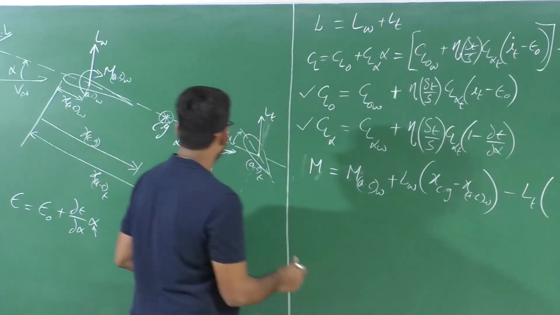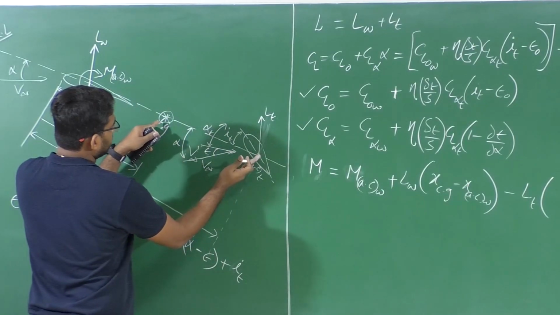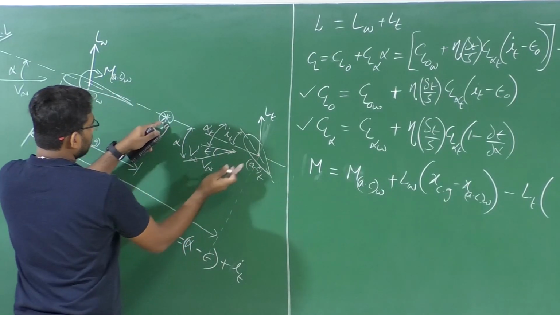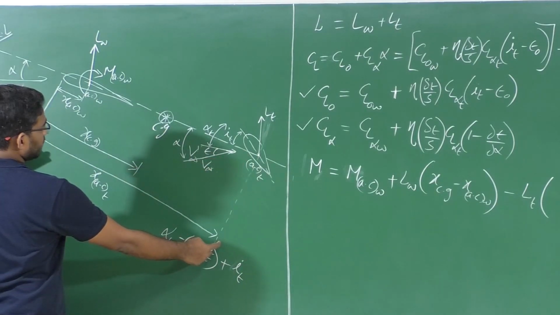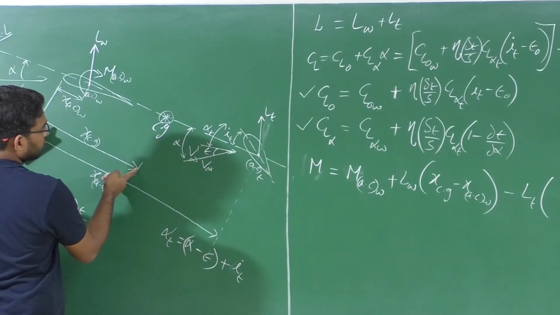The moment is due to the force at the tail, which is L of t, times the moment arm between CG and AC of tail.